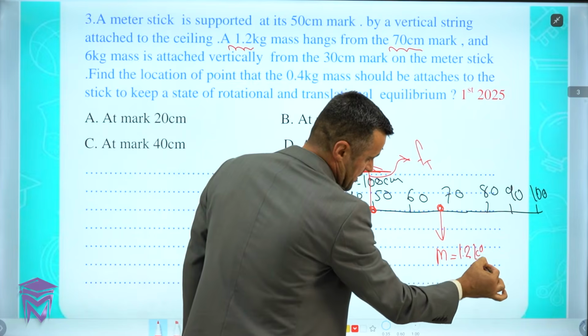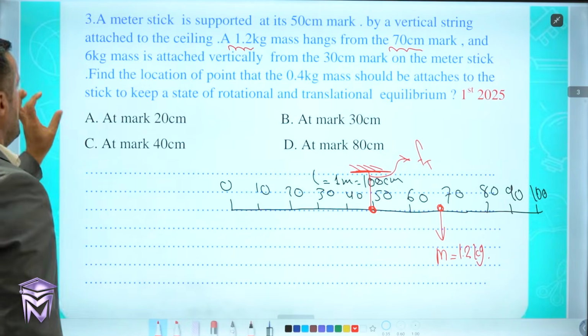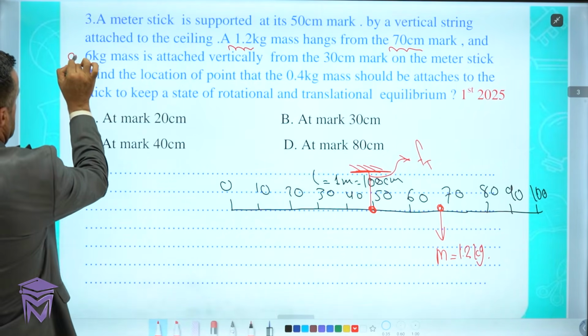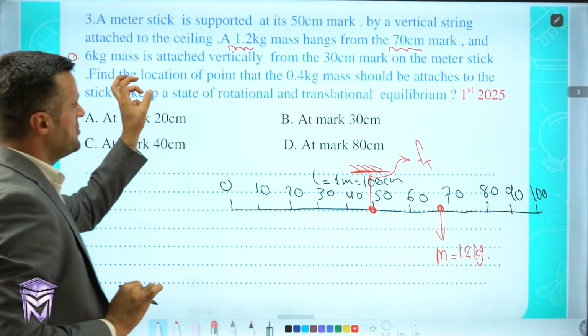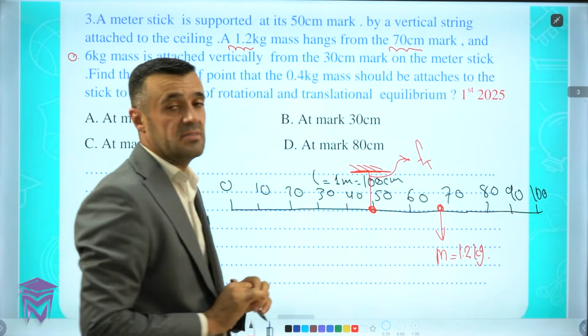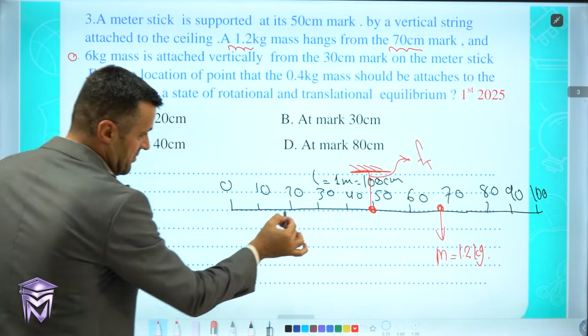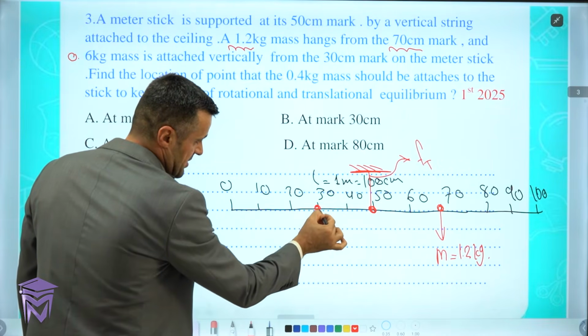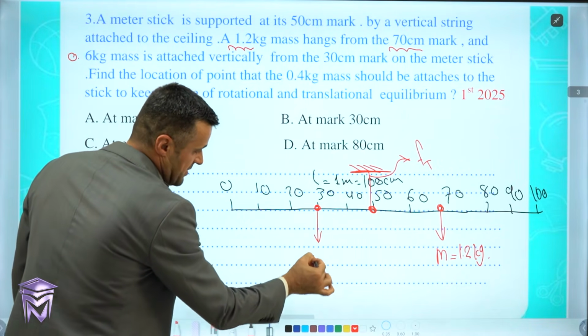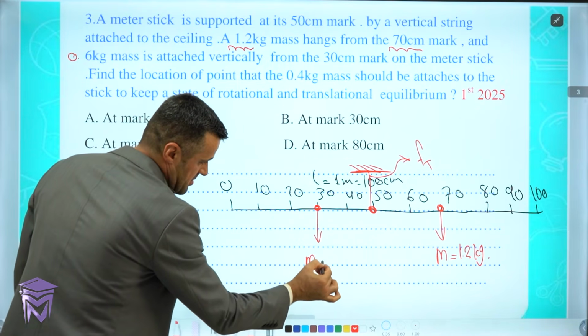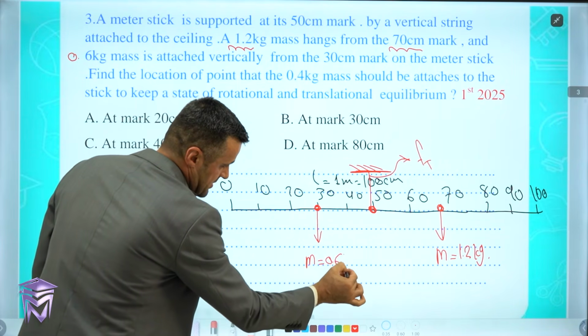After that, a 0.6 kilogram mass is attached vertically from the 30 centimeter mark. The 30 centimeter mark is located at this point. This second mass is 0.6 kilogram.